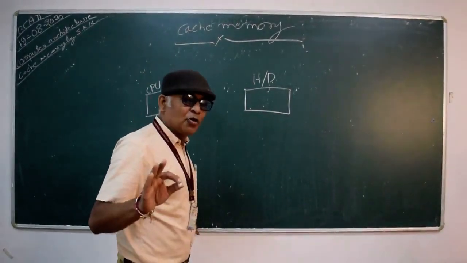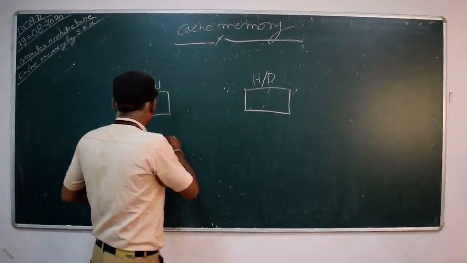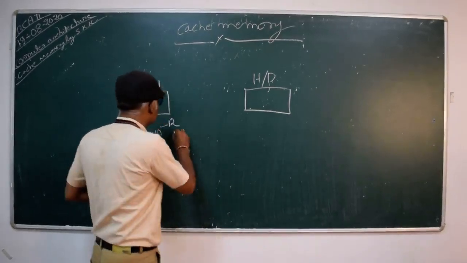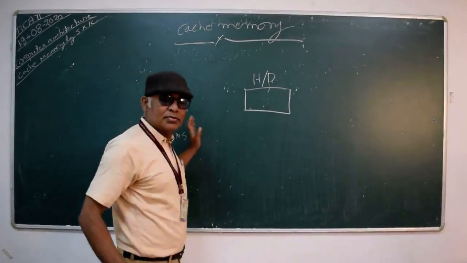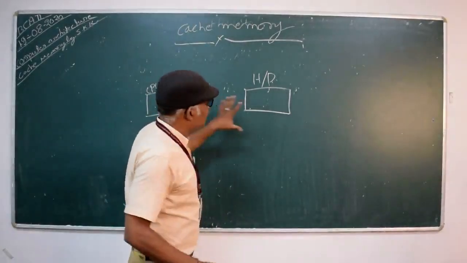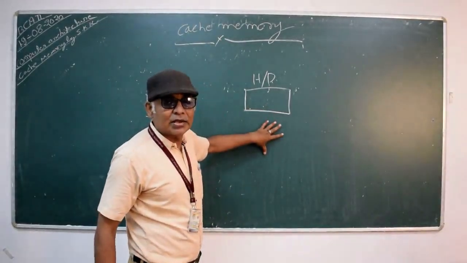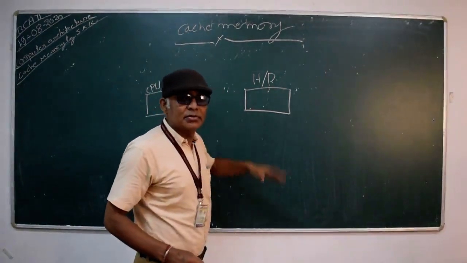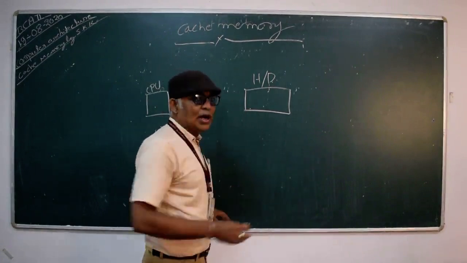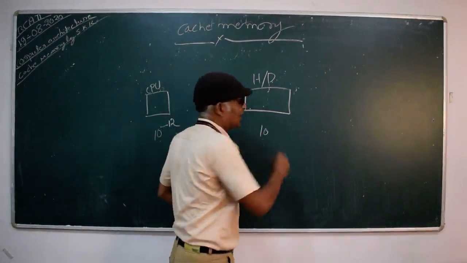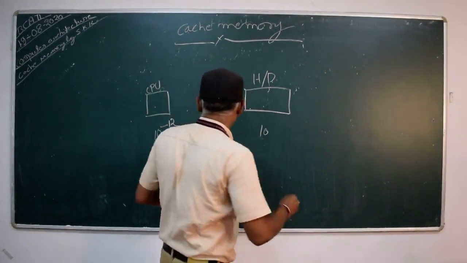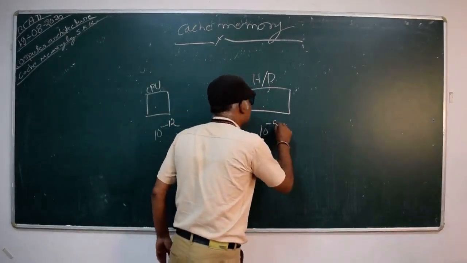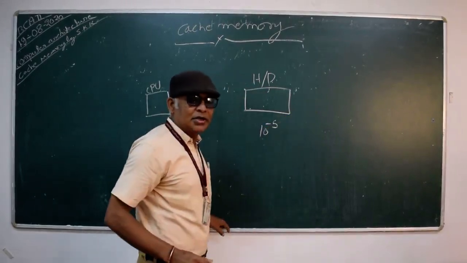Suppose we have a CPU speed of 10 to the power minus 12 nanosecond. When it fetches the data from this hard disk, that speed becomes very slow. Now, the hard disk may provide accessibility of any data with a speed of 10 to the power minus 5 or even less.